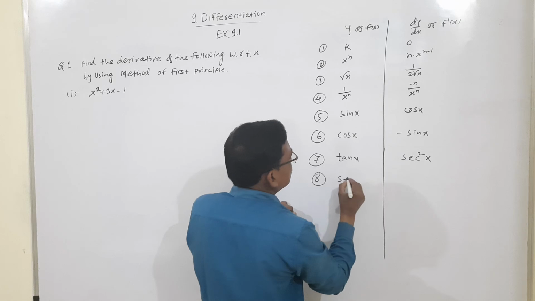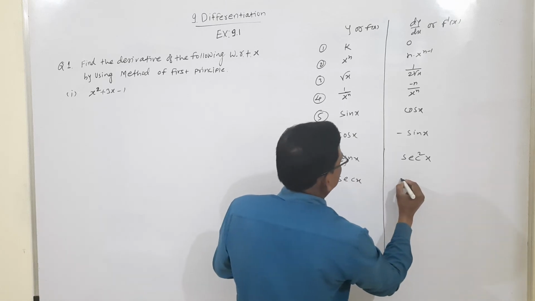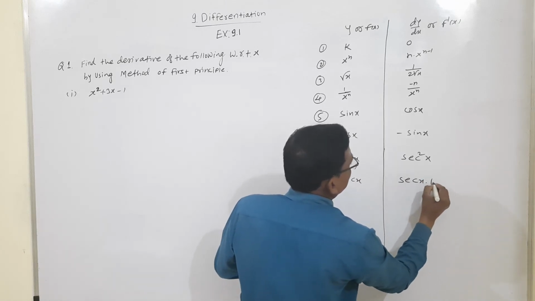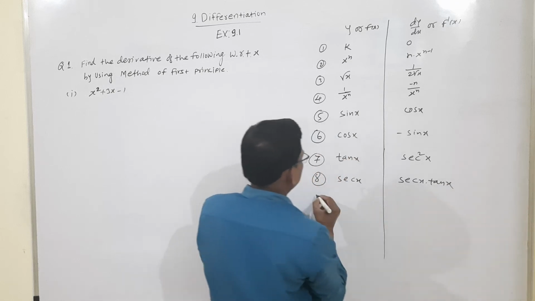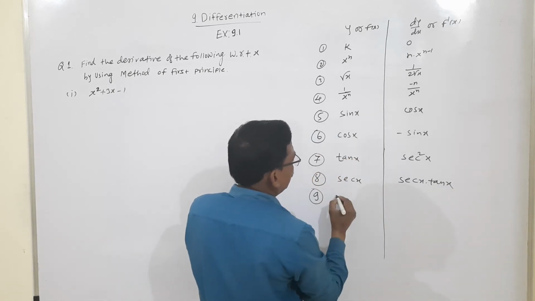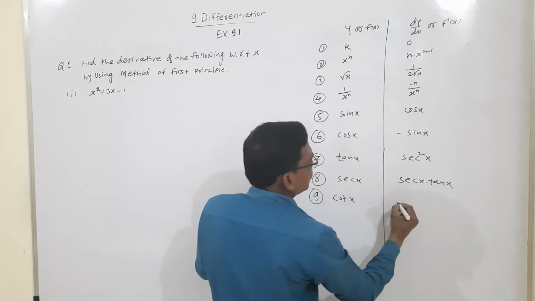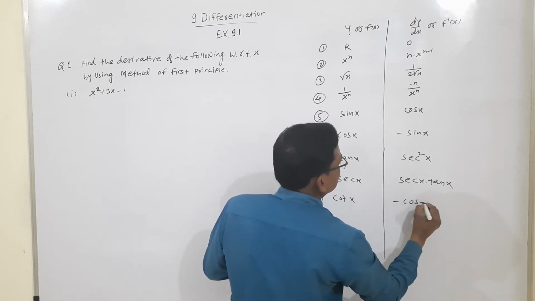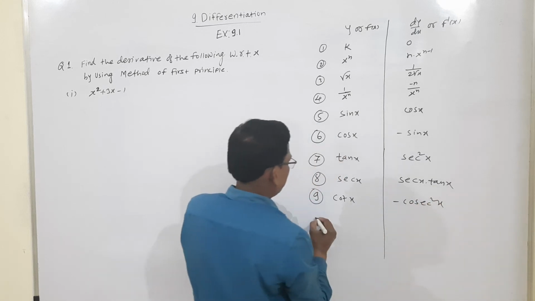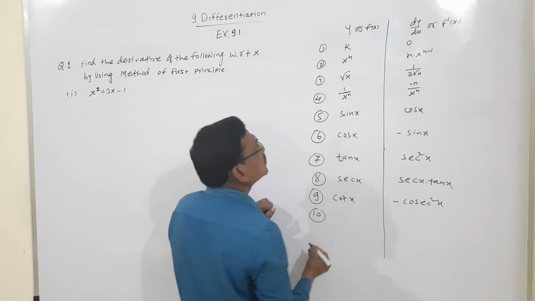The derivative of sec x is sec x into tan x. The derivative of cot x is minus cosec square x.